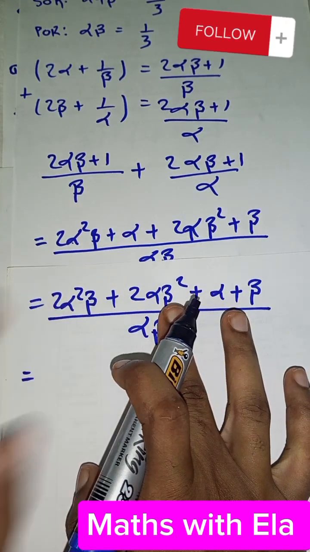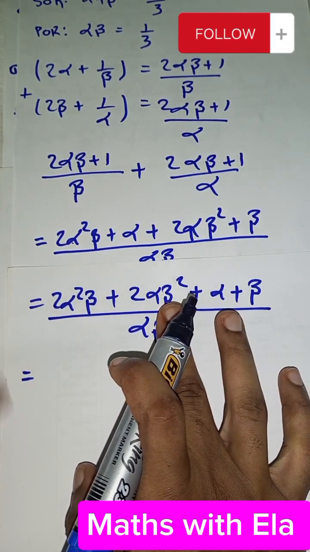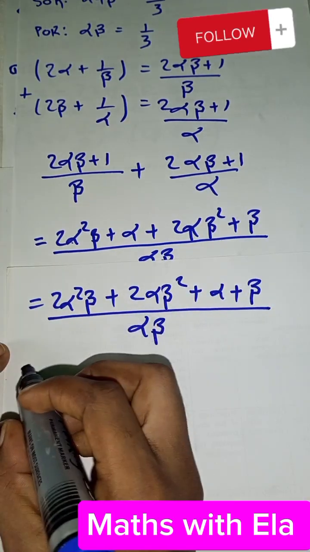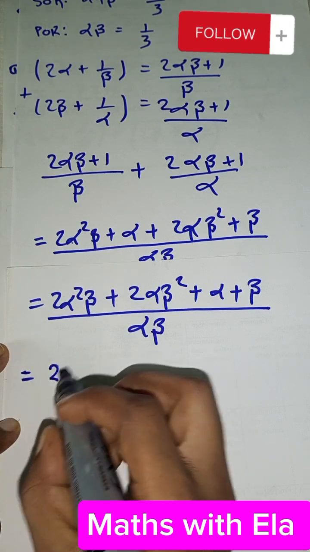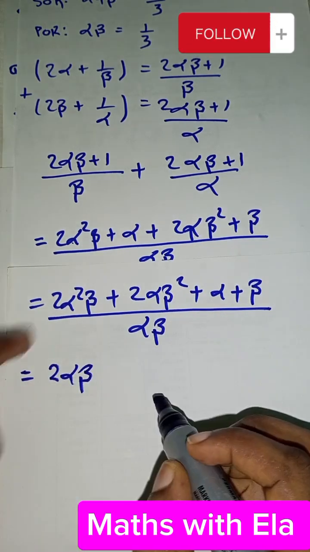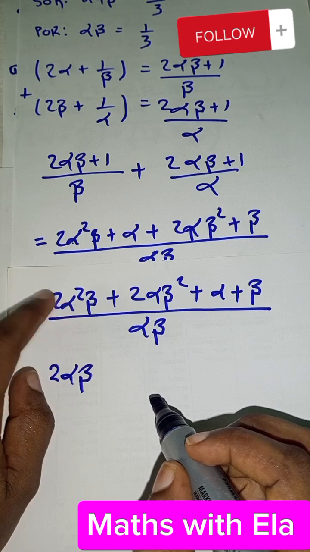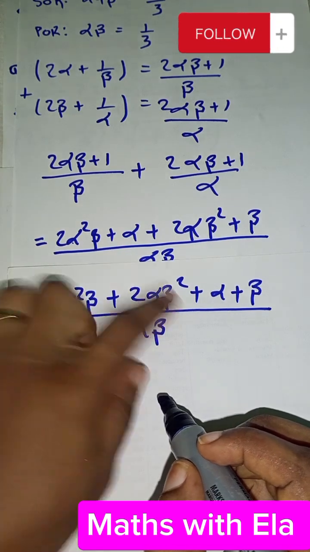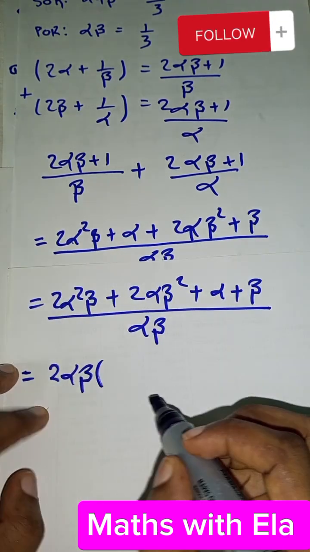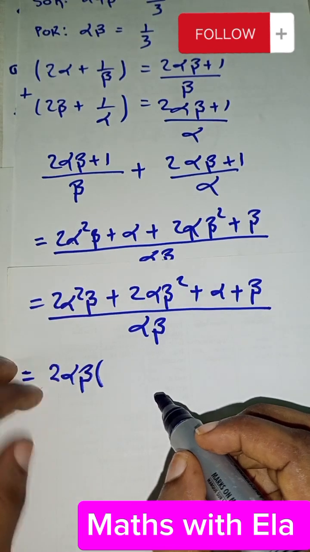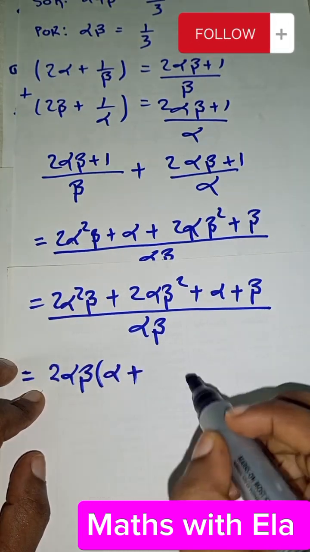Now we need to do something with these first two terms, and what we need to do is simply factor out 2 alpha beta, because when we look in this first term, we are going to see 2 alpha beta, and in this second term, we see 2 alpha beta. So factoring out 2 alpha beta here, we are going to be left with alpha plus.